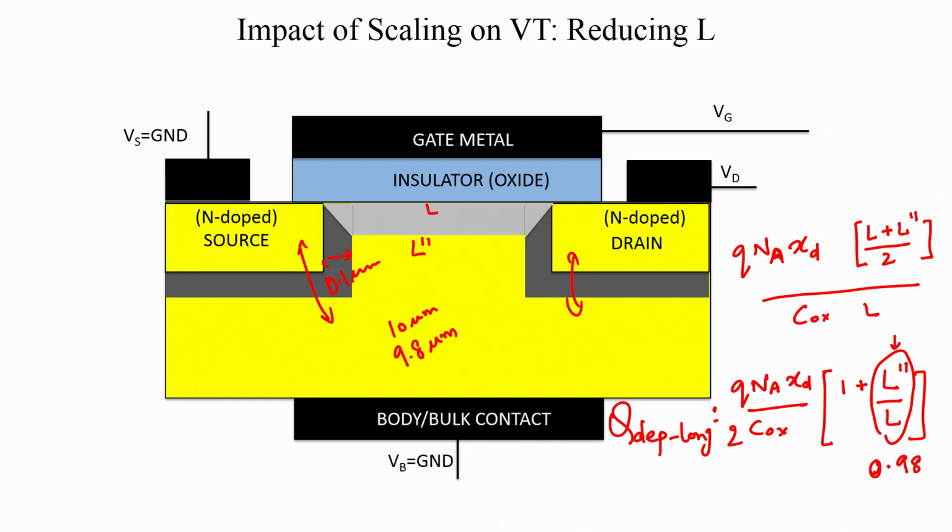Whereas, if my L was much smaller, if on the other hand my L approaches say 1 micron, and this still remains 0.1 micron because this doping concentration has not changed, and my L dash for a short channel device approaches 1 minus 0.2, which is 0.8 micron.